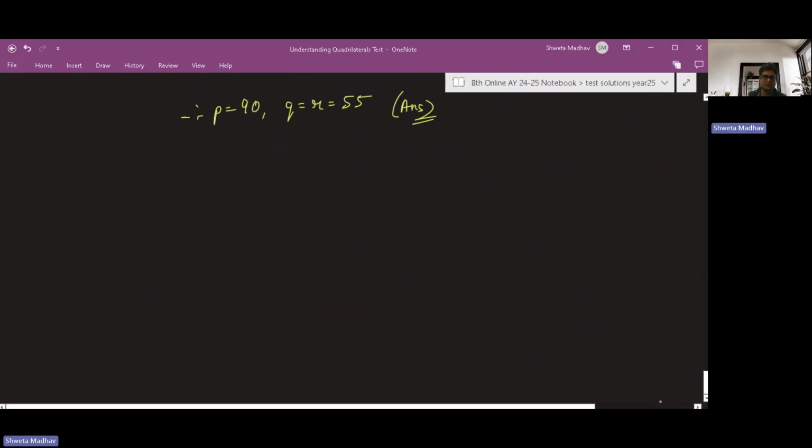Then in question number 13, it has been given as a case study.